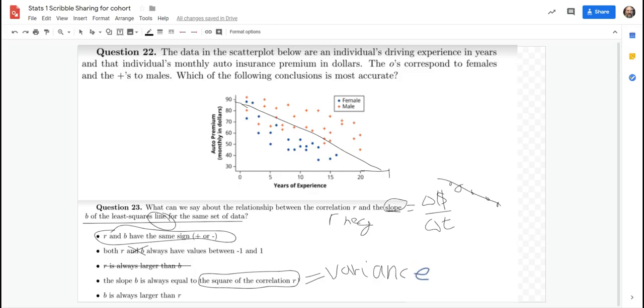Kind of like, if R was 0.7, then we'd know that R squared is 0.49, which, of course, is 49%.